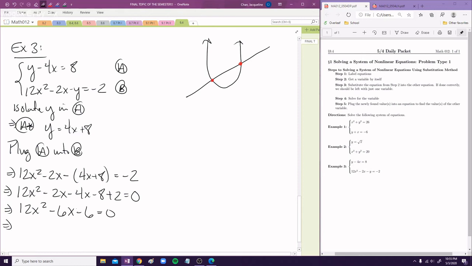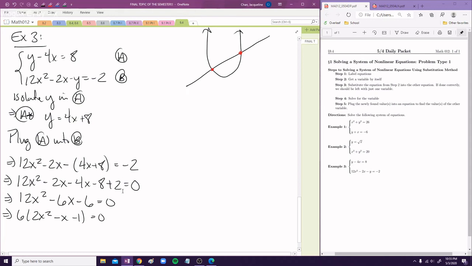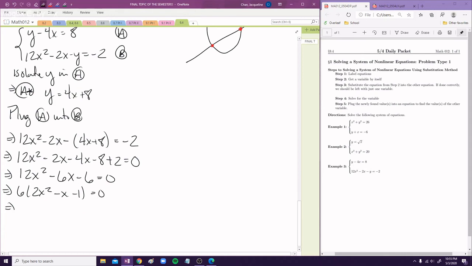These are all divisible by 6, so I'm going to take that out. So this is 2x squared minus x minus 1 is equal to 0. Right, and what two numbers? So to factor this out, let's say 2x plus 1, x minus 1.